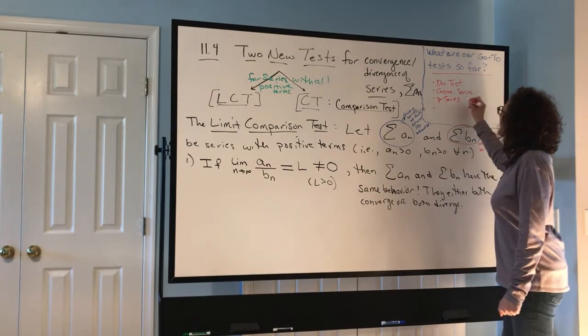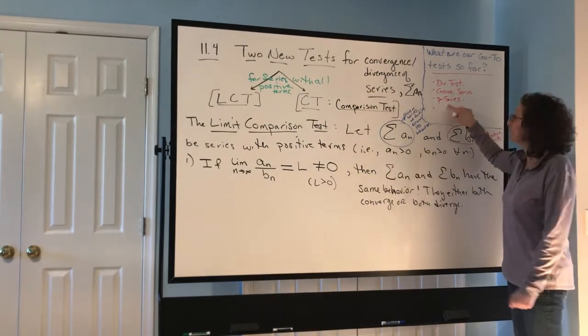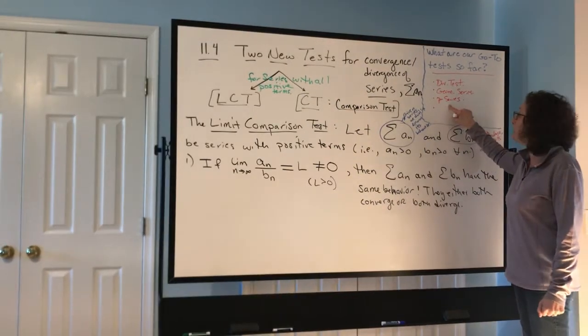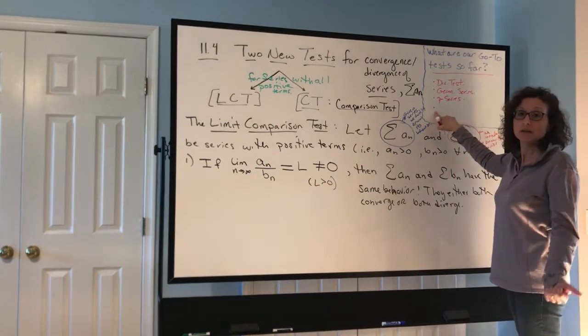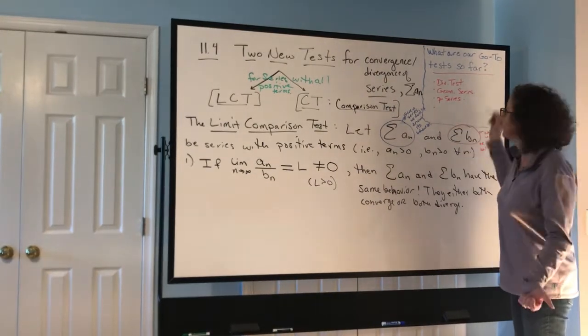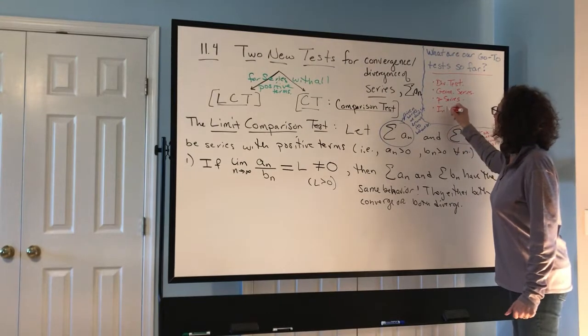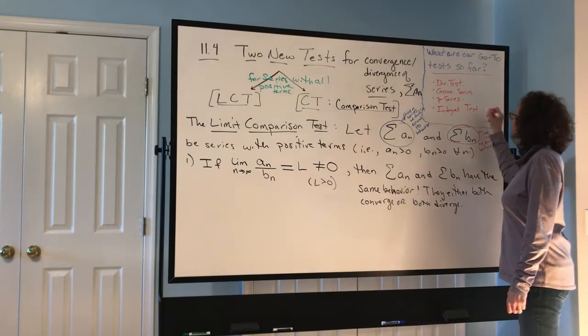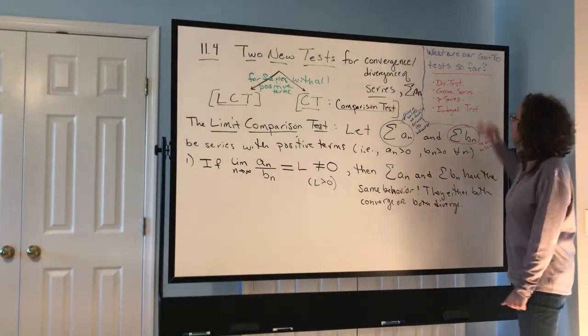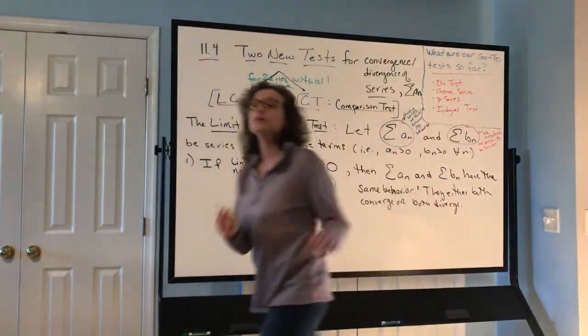We know the convergence or divergence behavior of P-series. And finally, what was the last section? Integral test. So these are our tools for the most part, where we can get quicker results.